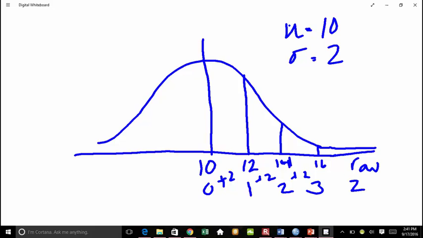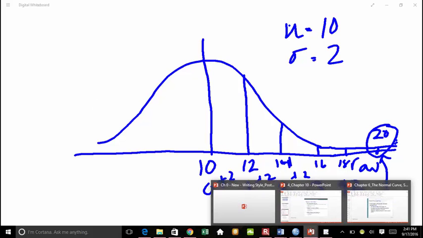And the question was, how likely would it be for someone to get a score of 20? At 4 standard deviations out, we'd be at 18. And at 5 standard deviations, we're finally at a raw score of 20. So how likely is it for someone to get a score of 20 on this distribution of scores? That would be extremely, extremely unlikely.